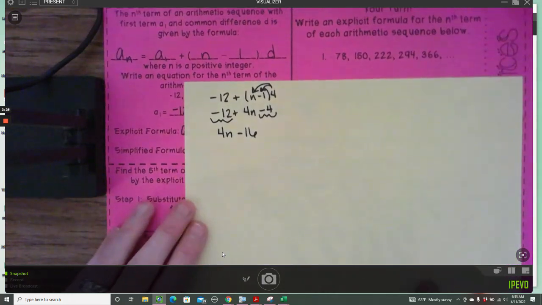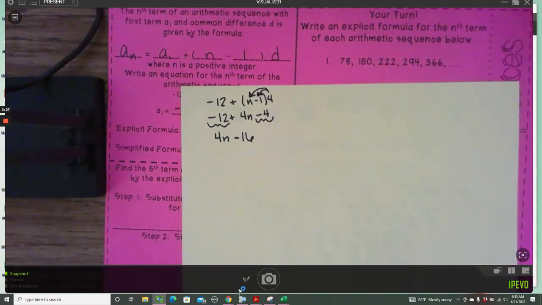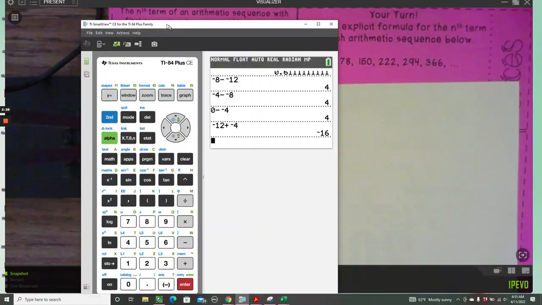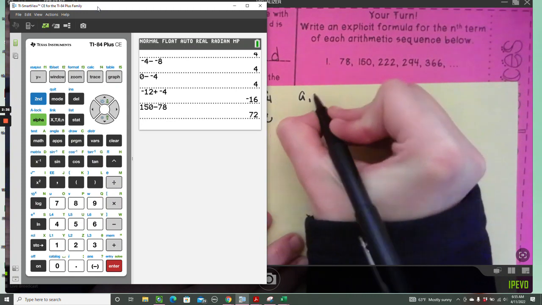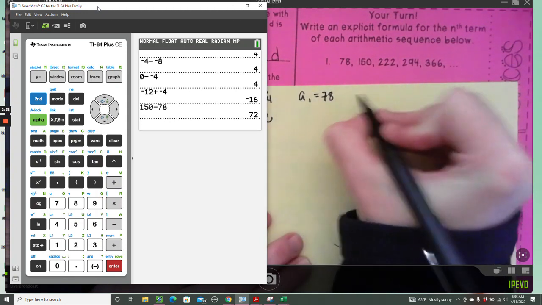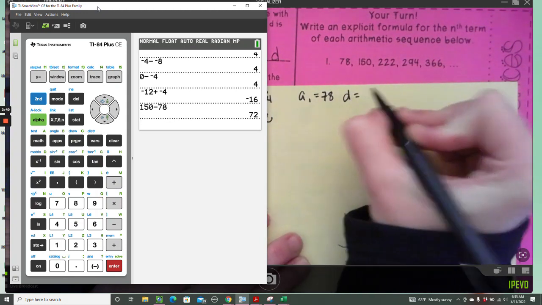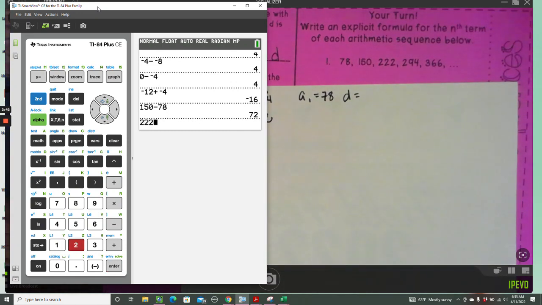Okay? So up here on the your turn, we're going to do the same thing. So 150 minus 78 gives me 72. So we know a1 equals 78. And then the d value is 72.